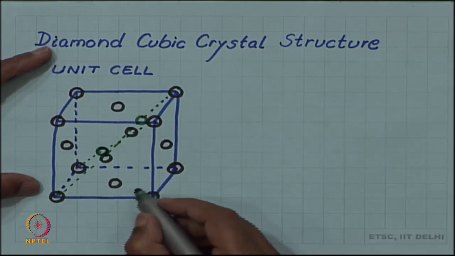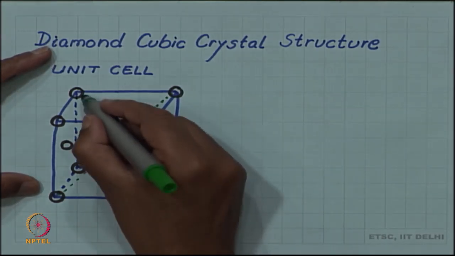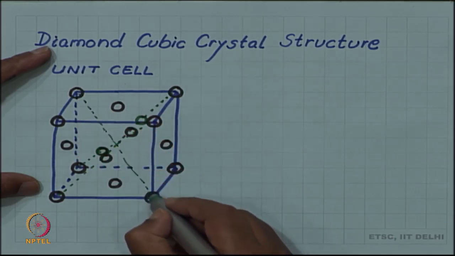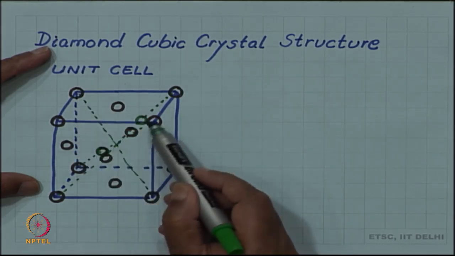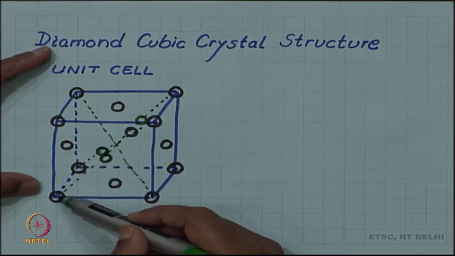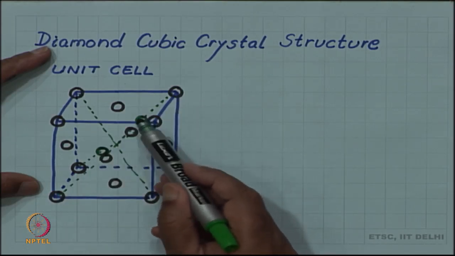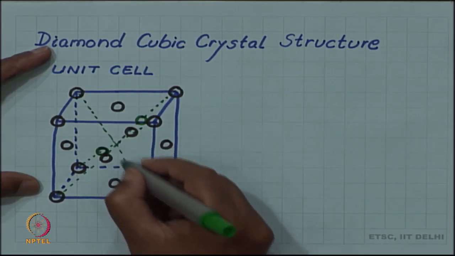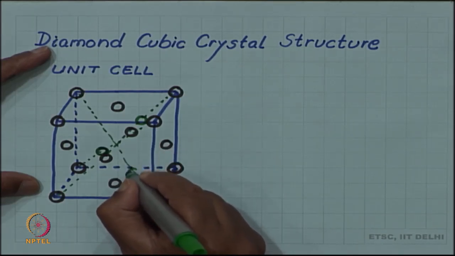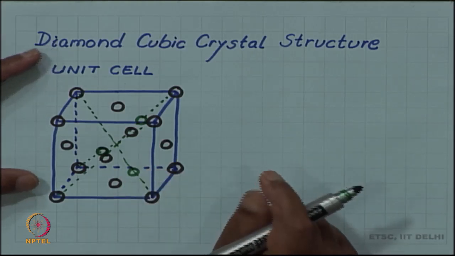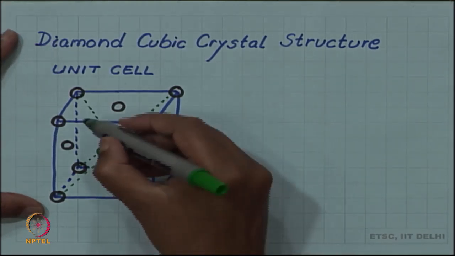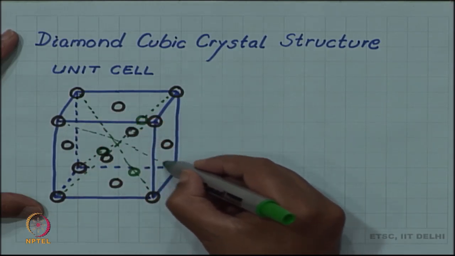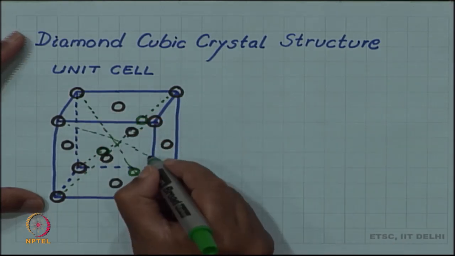Then cyclically I go to the third body diagonal here. So, I started with this body diagonal, placed 1/4, then on the next body diagonal I place 3/4, on the third body diagonal I again place 1/4 atom, and then the final fourth and last body diagonal.